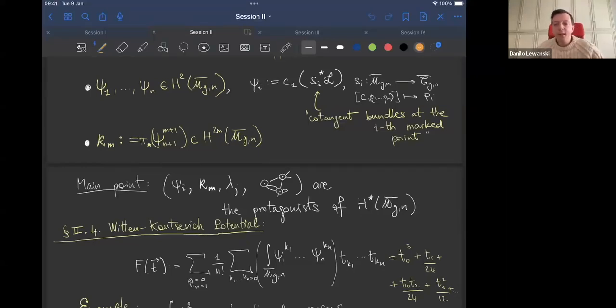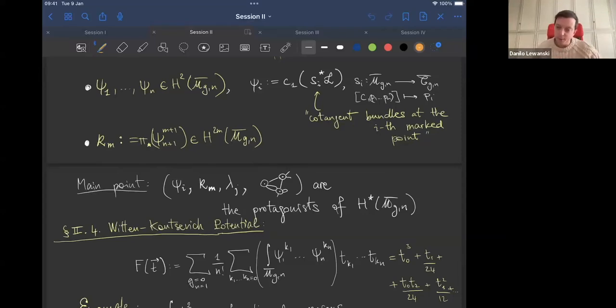And how do you define psi_i? You can just take this cotangent line bundle, if you remember. But now you have these n sections. They are sections of the universal curve that basically point at the point p_i.